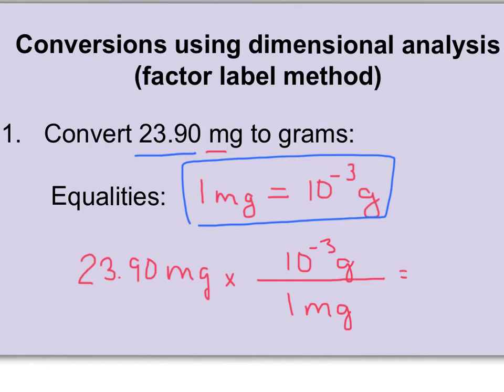If you want to use your calculator, you would hit that negative 3, and then you're going to divide by 1. So it's 23.90 times 10 to the negative third divided by 1. And when you do that, you're going to get an answer of 0.0239 grams. And that's it.